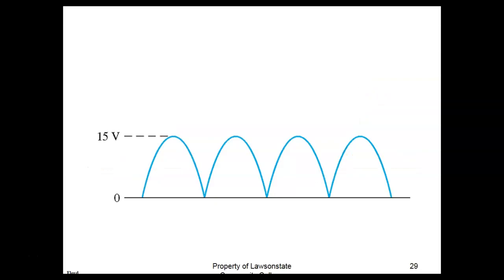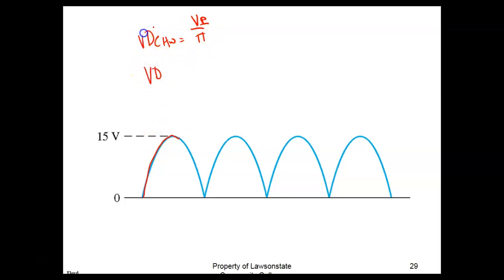So here, instead of using the peak value directly, for DC half wave is going to be equal to V peak over pi, because we have to average in the 0.